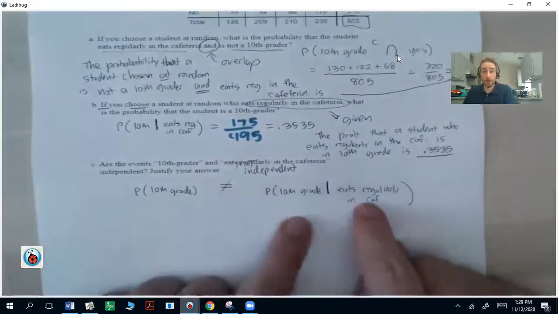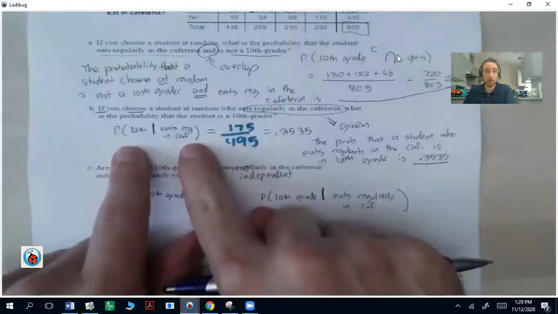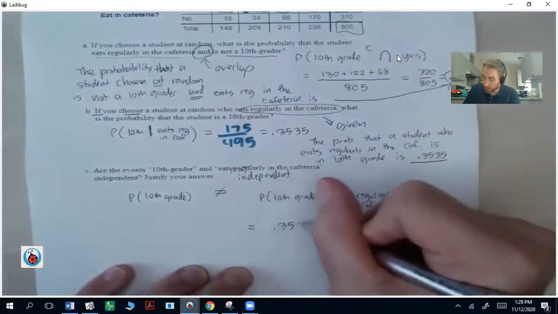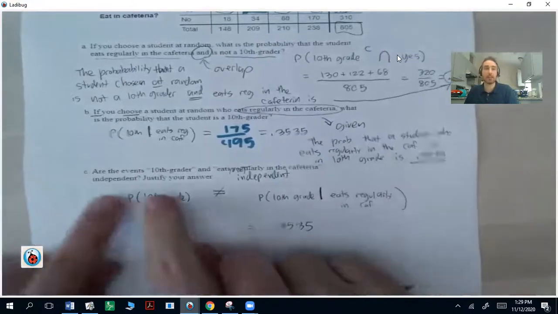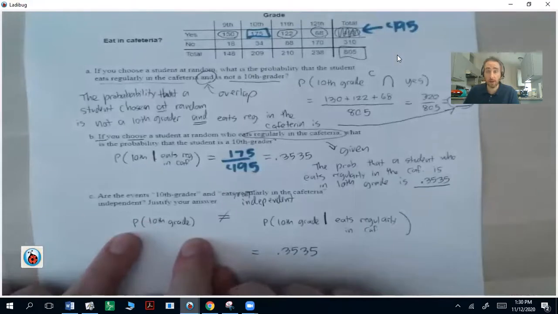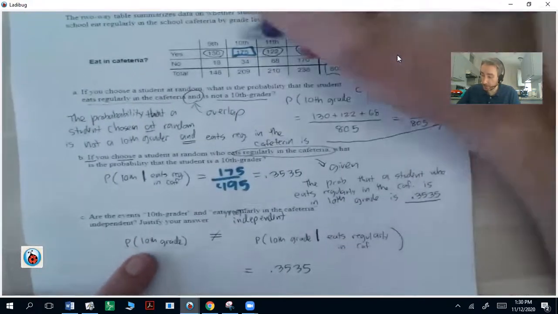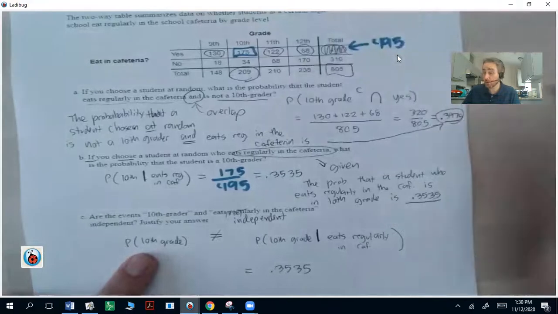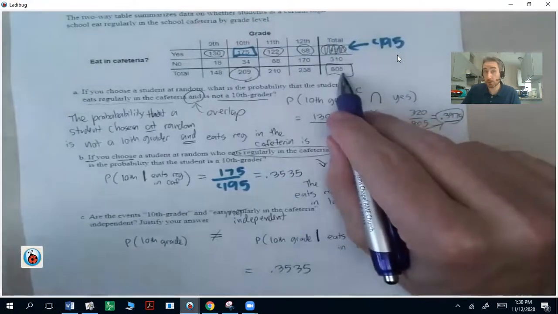We already found this one. This one's right here, so I'm not going to redo that one. We know that one's going to be 0.3535. So what we need to do is test, does the probability of being in 10th grade also equal 0.3535? So let's look at the 10th graders. We have 209 total 10th grade. There's 805 total students.